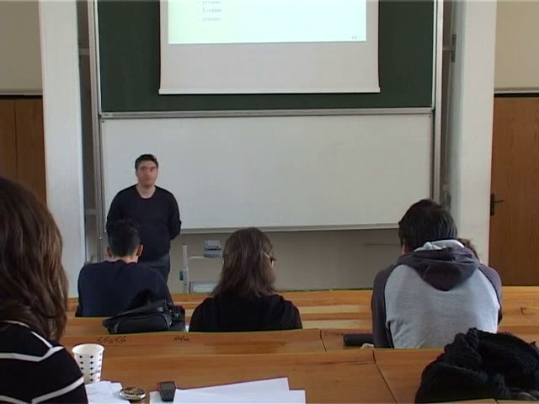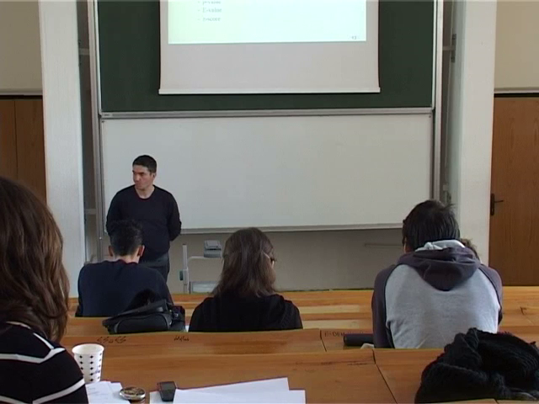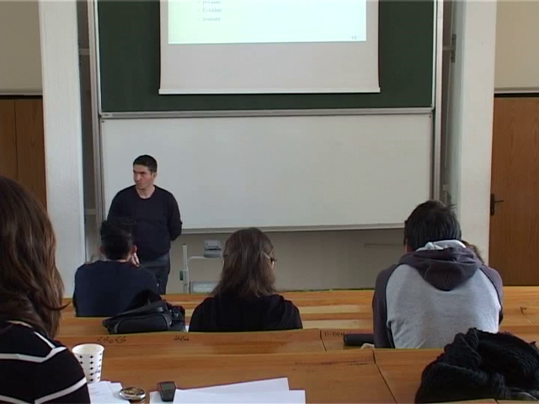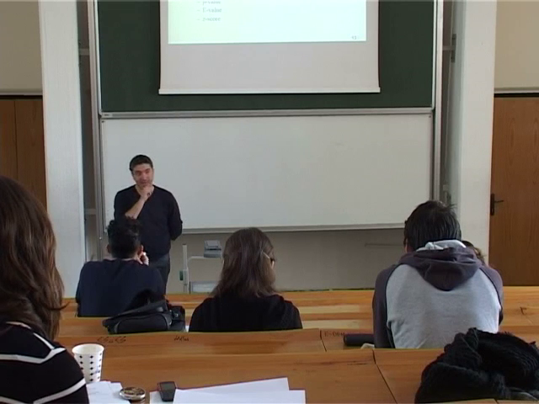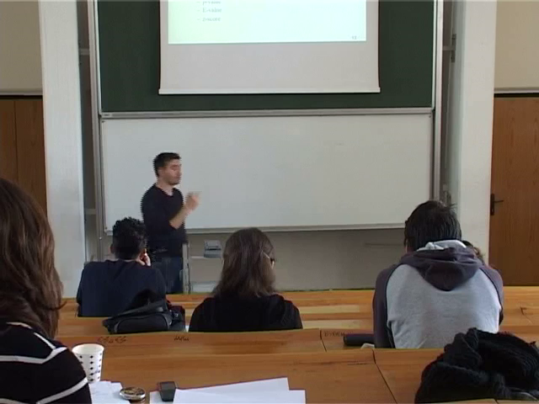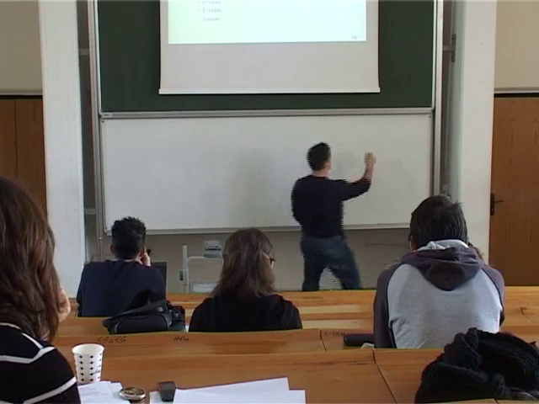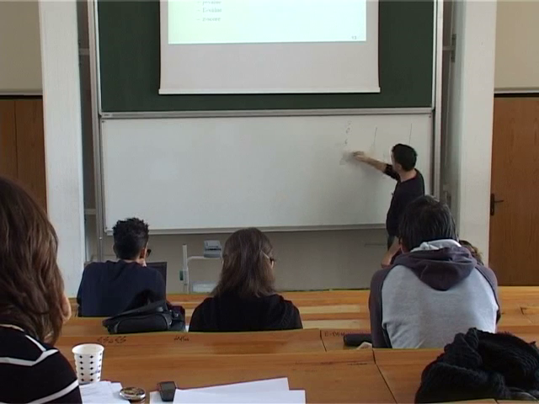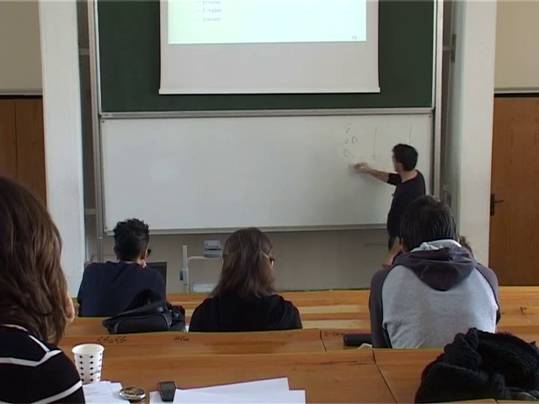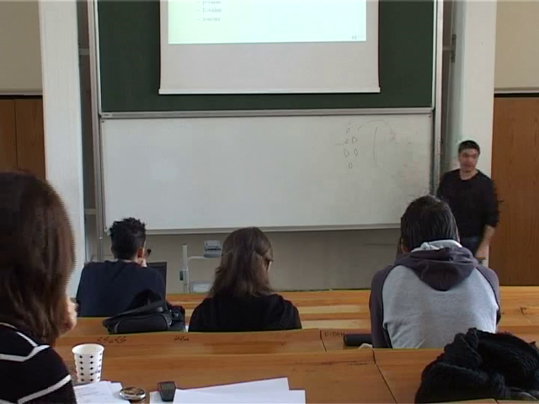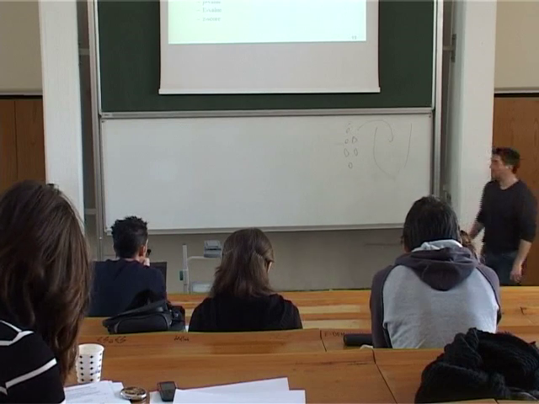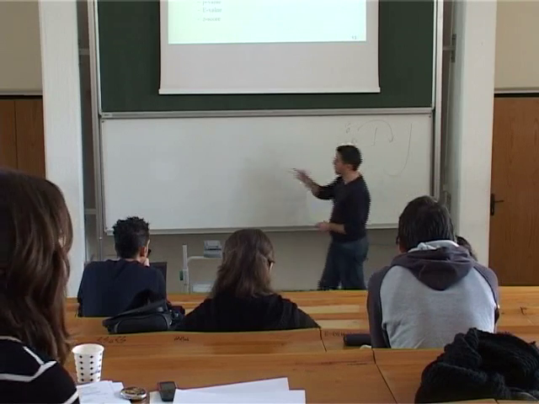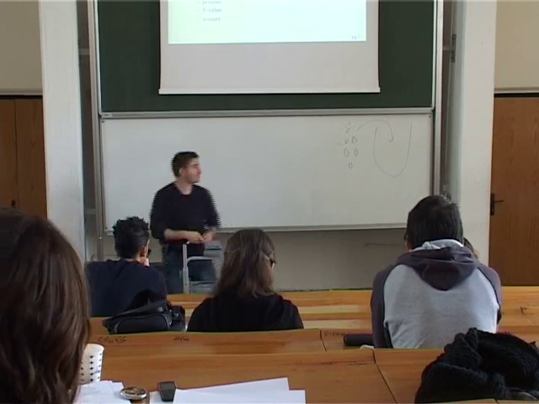For example, let's get back to the previous problem. So we have a bag, and we have a set of items, and we fill our bag with this set of items. And we want to find out the p-value of the result provided by an algorithm.